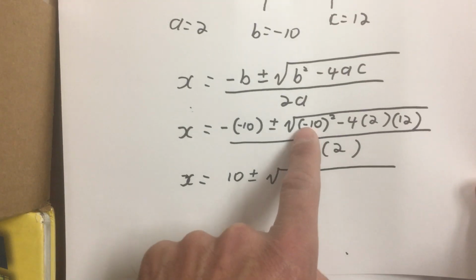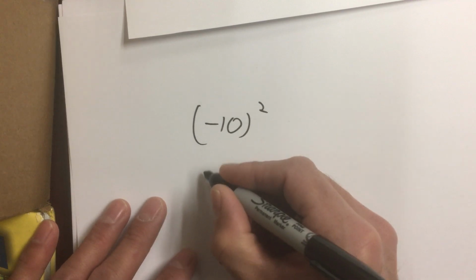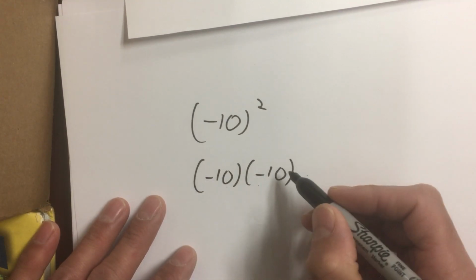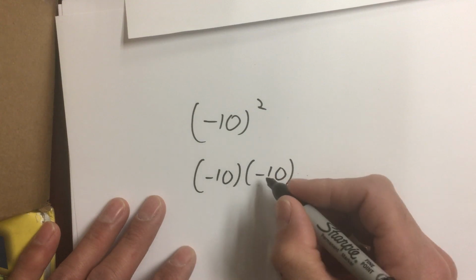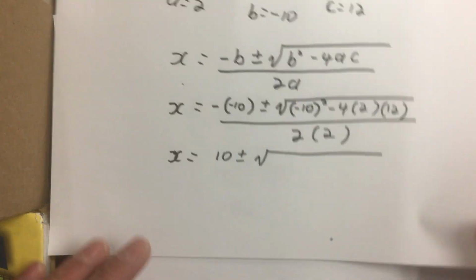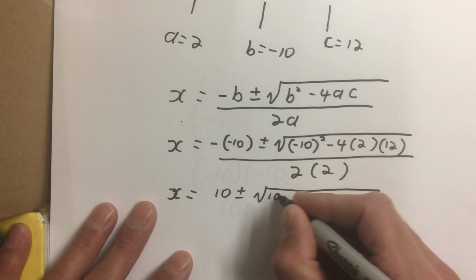Negative 10 squared is negative 10 times negative 10. 10 times 10 is 100, and a negative times a negative is a positive, so this is positive 100. So negative 10 squared is 100.